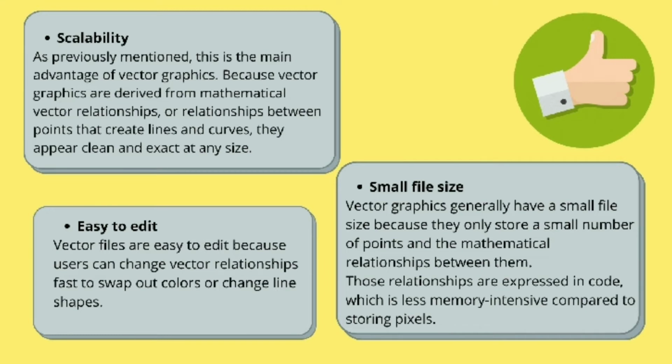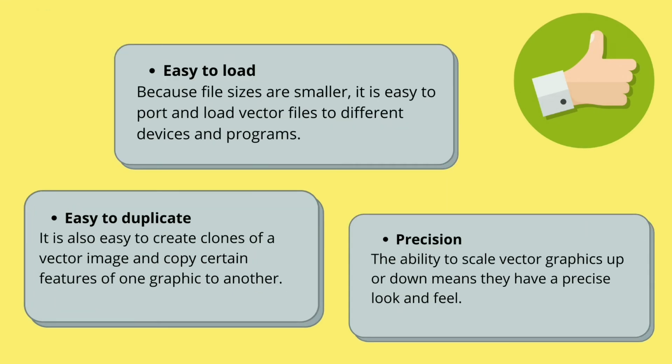This is useful in an iterative process, like graphic design, that requires a lot of editing. Easy to load. Because file sizes are smaller, it is easy to port and load vector files to different devices and programs. Easy to duplicate. It is also easy to create clones of a vector image and copy certain features of one graphic to another.